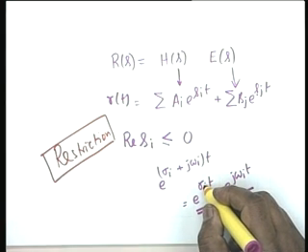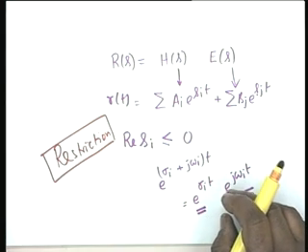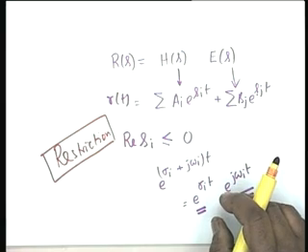This is an exponential function, and if sigma I is allowed to be positive, then naturally the natural response shall grow in time indefinitely, or in other words the circuit will be unstable. Now a passive circuit cannot become unstable, that is, it cannot generate a current or voltage which grows indefinitely without limit, and therefore real part of S sub I, the natural frequencies, must be less than or equal to 0.